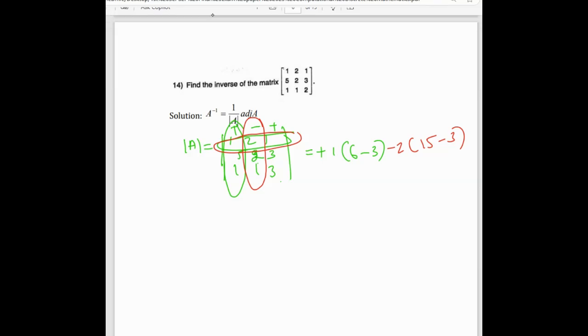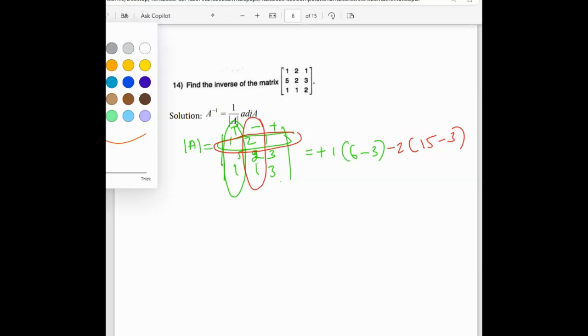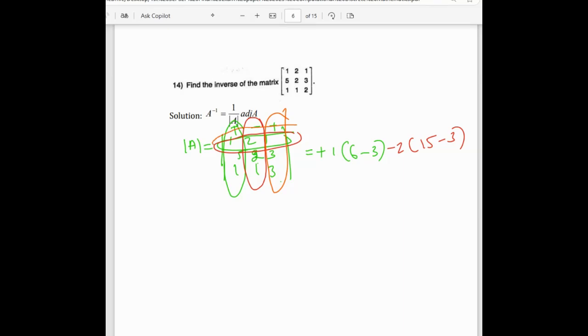Then the last one, we take the last digit. So that is this and this one. So we have plus 1 into 5 ones are 5 minus 2.